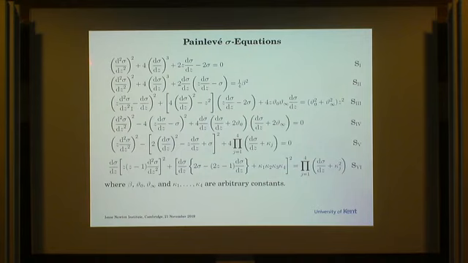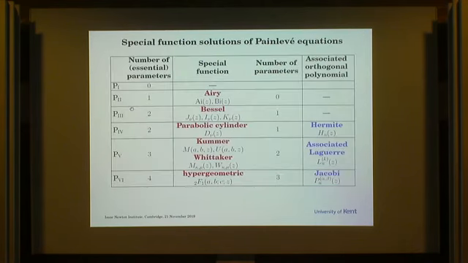But it's actually these equations that arise more commonly in all these applications in orthogonal polynomials, rather than the original Painlevé equations. That's why these are the important ones, really. And, as I said, II to VI have special function solutions in terms of the classical special functions. This is a useful way of trying to work out what the recurrence coefficients of certain weights are.